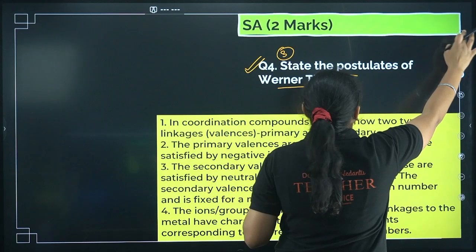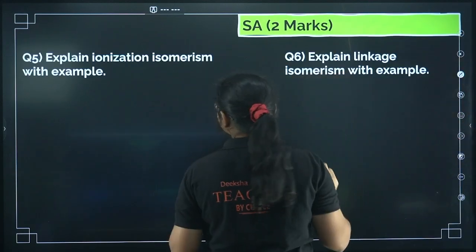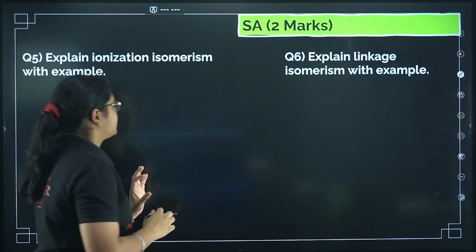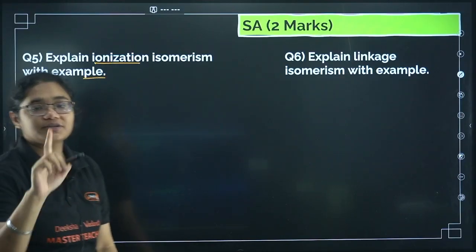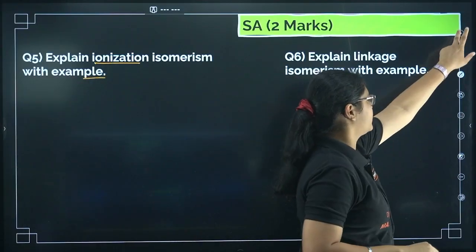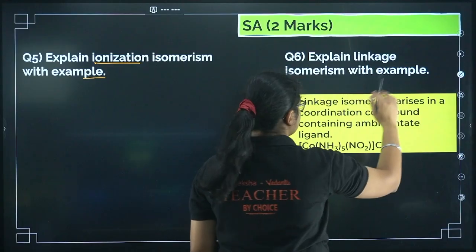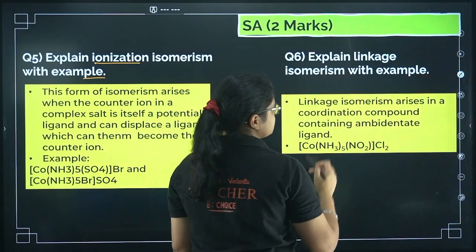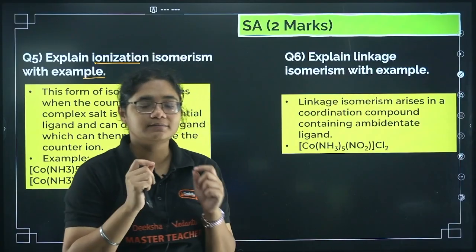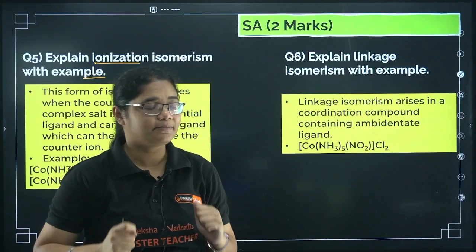Okay. Next we have these types of structural isomerism. If any type of this isomerism is asked, you just have to write the definition and give one example. So let's see, the first one is linkage isomerism. Linkage isomerism is only possible in the case of an ambidentate ligand.